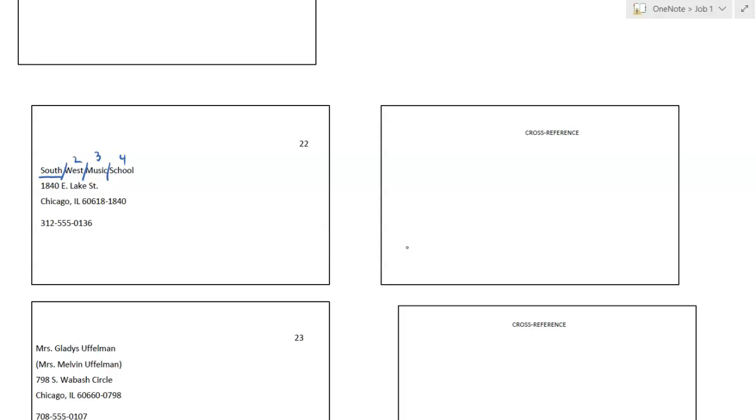And just on the side, so the original is South space West, as you've seen in the original card 22. And so my cross-reference card is going to be South West without a space in between. That's just my key unit itself.